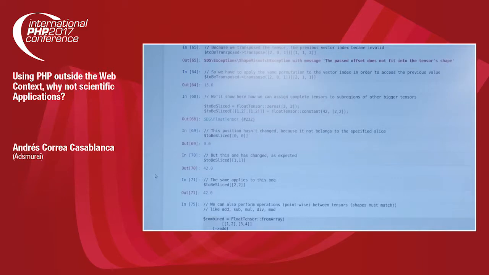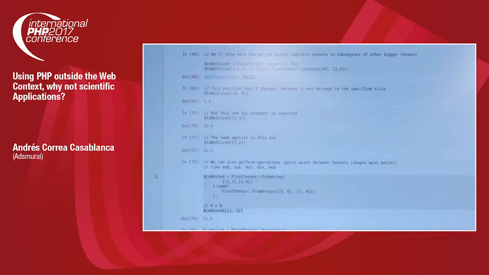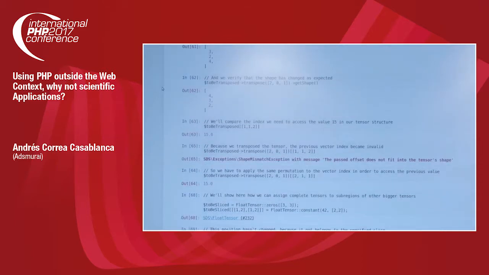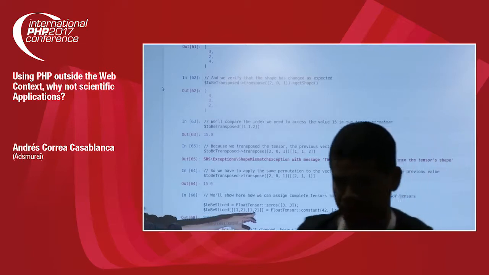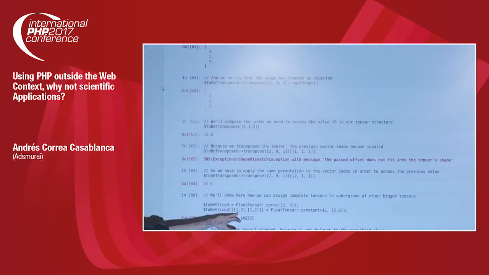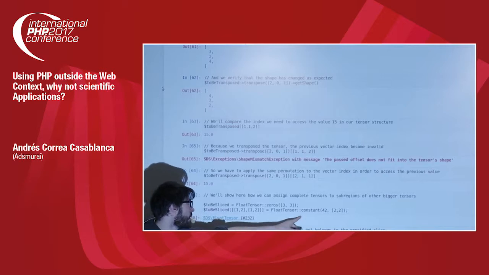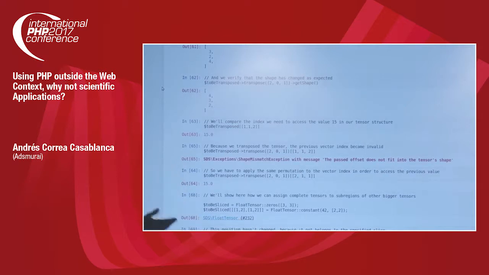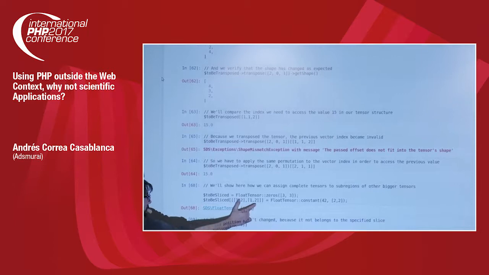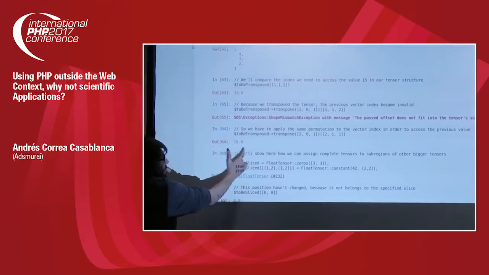We can slice our tensors. We can pass, for example, here I'm passing a slice specification, and I'm assigning one tensor with shape 2, 2 to this part of the tensor that I've previously created.